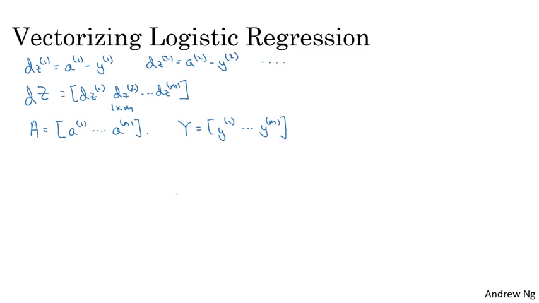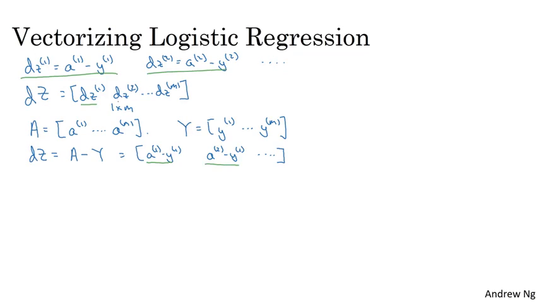So based on these definitions, maybe you can see for yourself that dZ can be computed as just A minus Y, because the first element, a1 minus y1, is exactly the definition of dz1. The second element is exactly the definition of dz2, and so on. So with just one line of code, you can compute all of this at the same time.